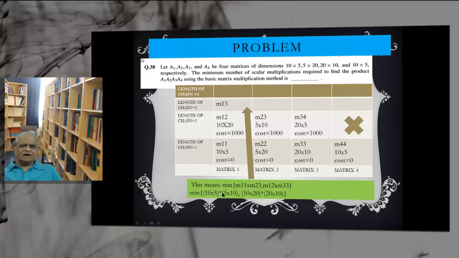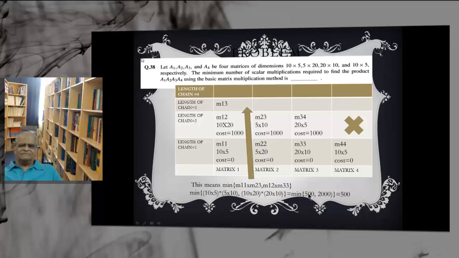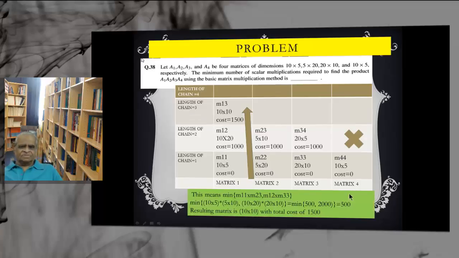That will be 10 into 5 into 5 into 10, or M12 which is 10 into 20 with M33 which is 20 into 10. The minimum of 500 and 2000 is going to be 500. So the resulting cost is 1500, and the resulting matrix is 10 into 10 in size.